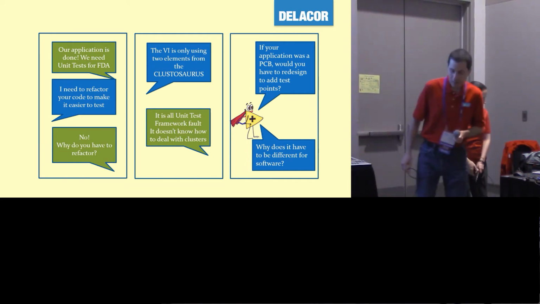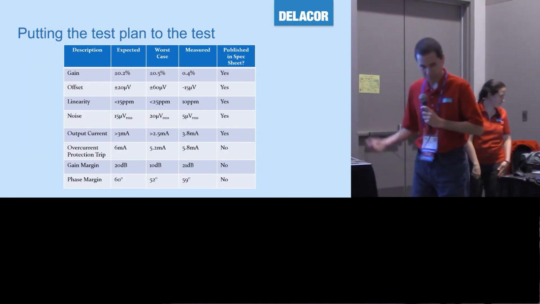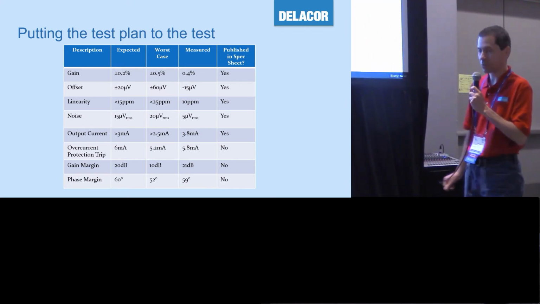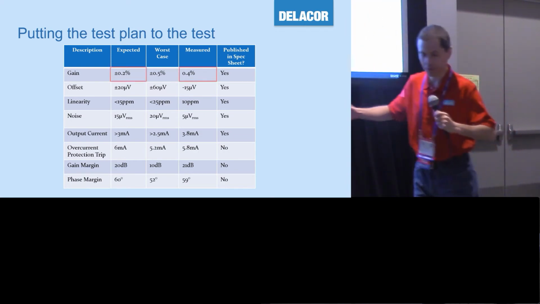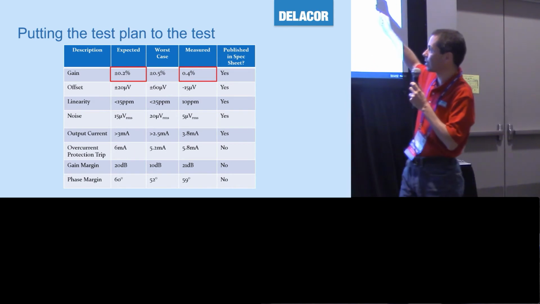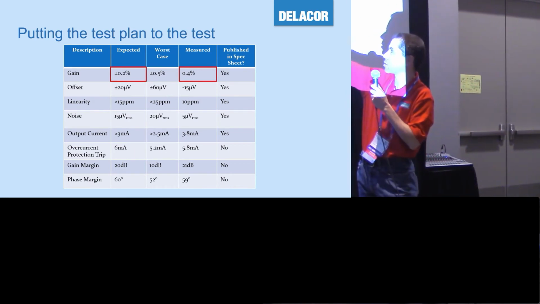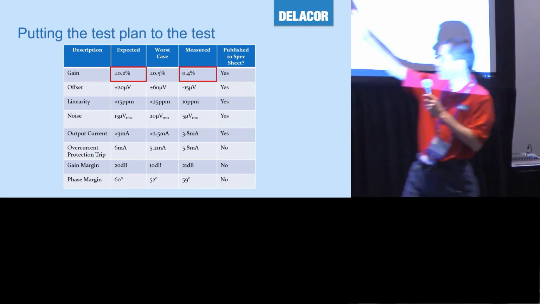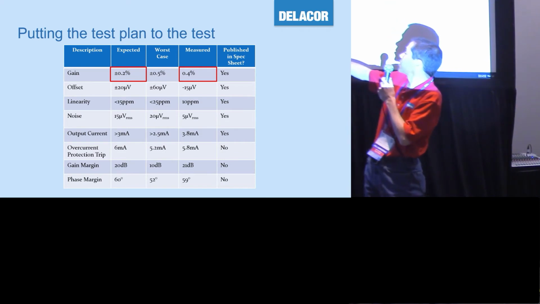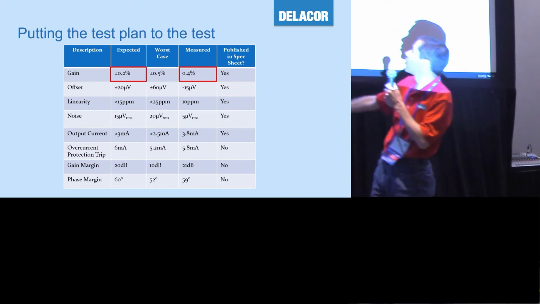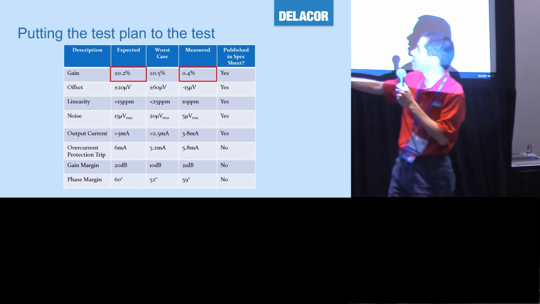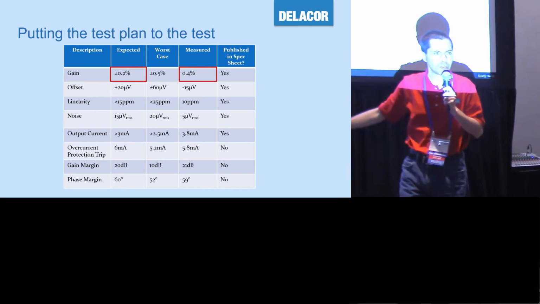Okay. So back to the test plan in the hardware world. You've done all your tests. You've written them down on a table that says, what are my tests? What do I expect? What is the worst case? What did I actually measure? And you start going through your measurements, and you see some things.